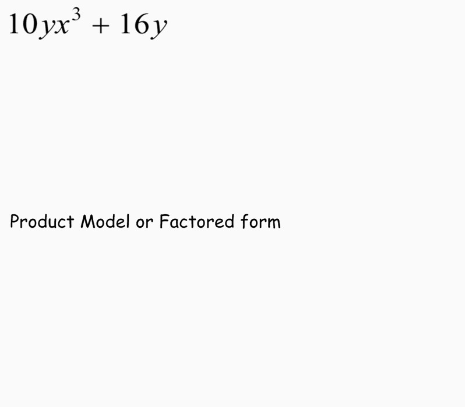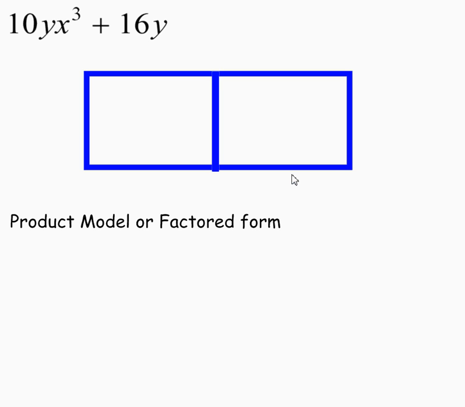Here's another one. Oh my, it's got a whole bunch more letters, Mrs. Peters. Yes, it does. But I'm going to notice that I have 2 terms, so I'm going to draw a box that has 2 sections and put my area inside each section. Again, what do both of these things have in common?